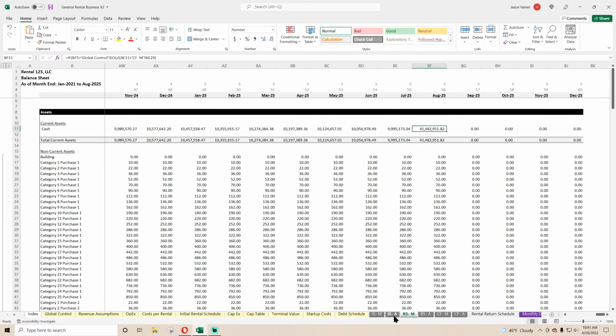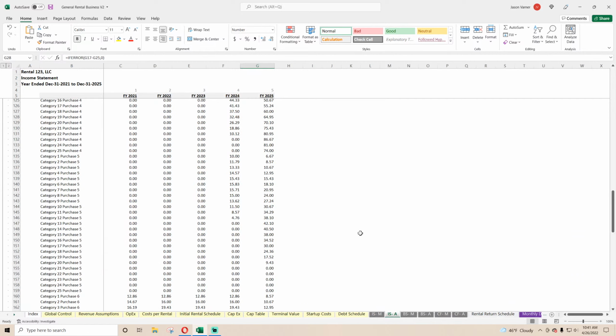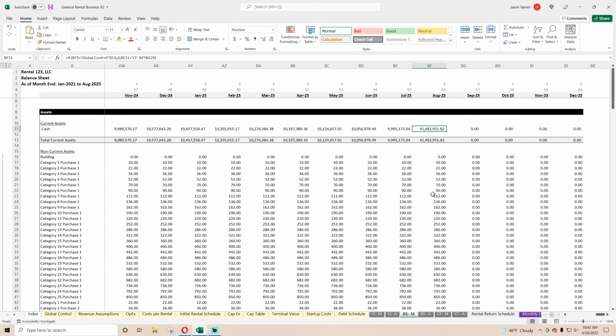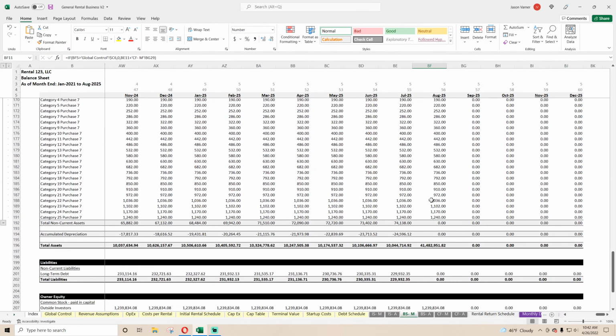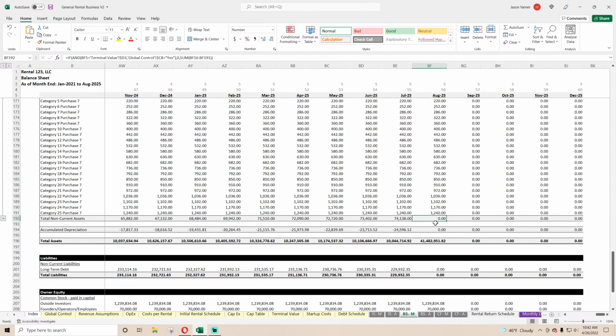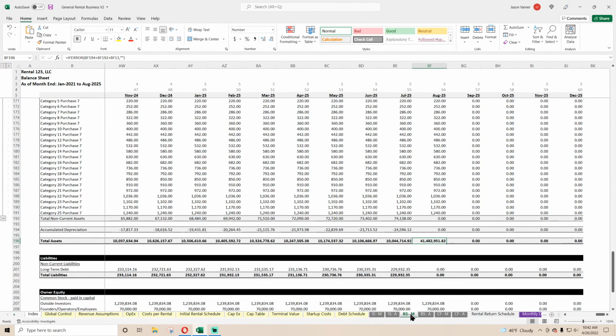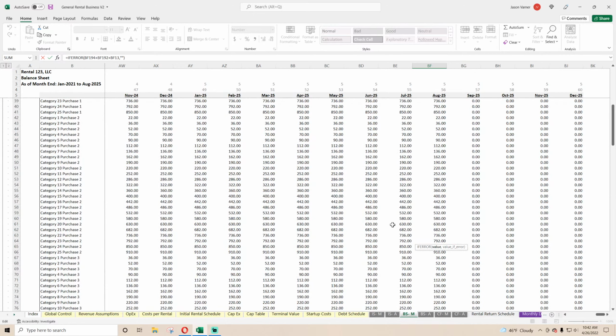So cash is 41,482 here. Oh, 41,482. So that's fine. Wait, 41,482. How is that? And this is 41,478, which is just taking the cash.